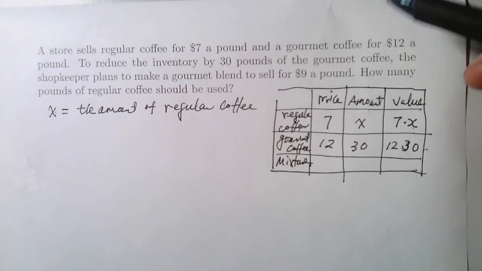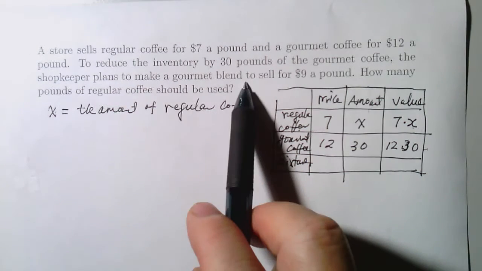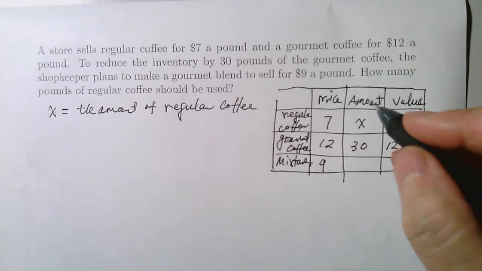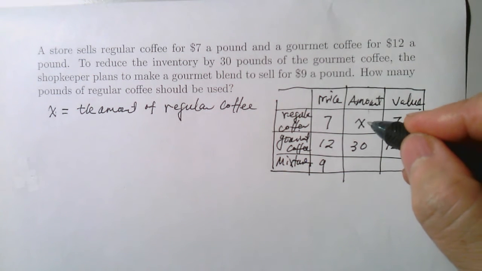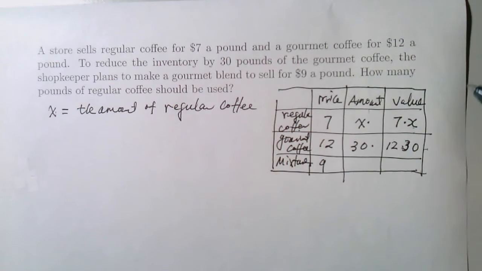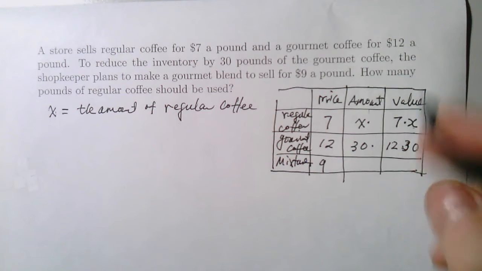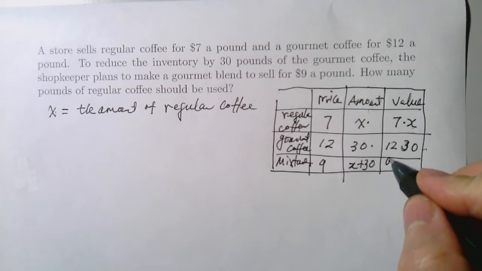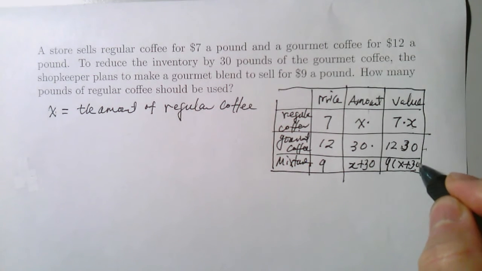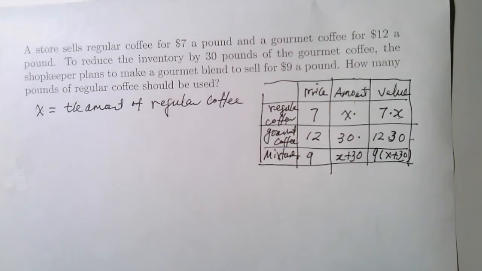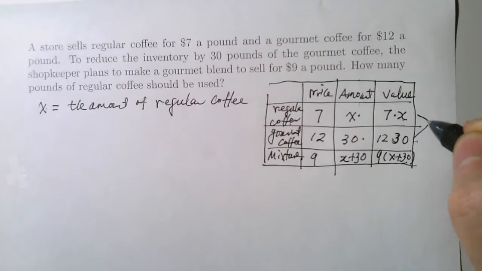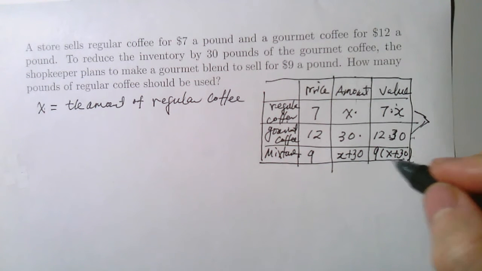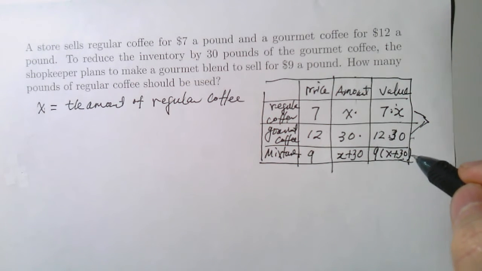So the mixture, the so-called gourmet blend, the price is $9. The amount is regular coffee plus gourmet coffee added together, which is X plus 30. So the total value will be 9 times X plus 30. As we mentioned earlier, the total value before mixing, which is these two added together, should equal the mixture's value after mixing.